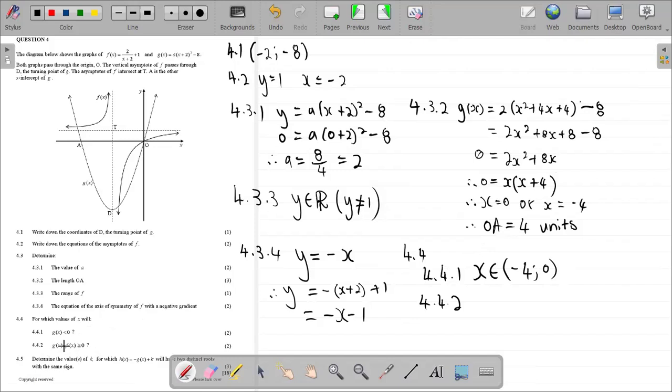We can see where that applies: they are both negative here, and on this side they are both positive, and on this side they are both positive as well. So it's x less than or equal to negative 4, or x greater than or equal to negative 2.